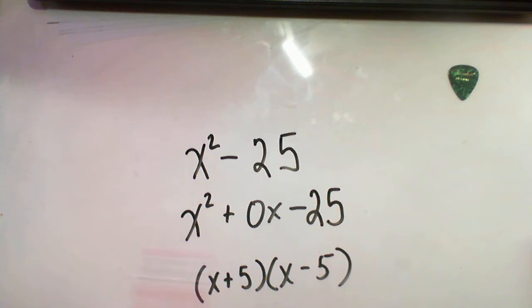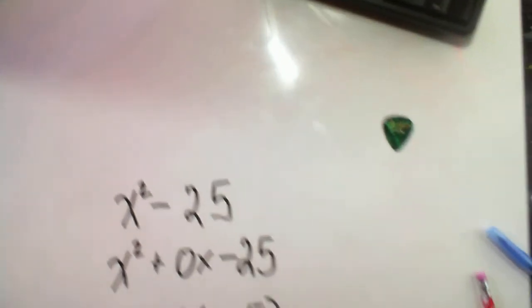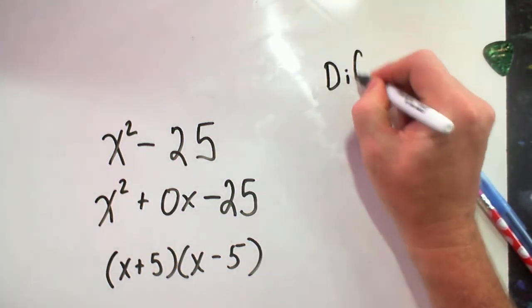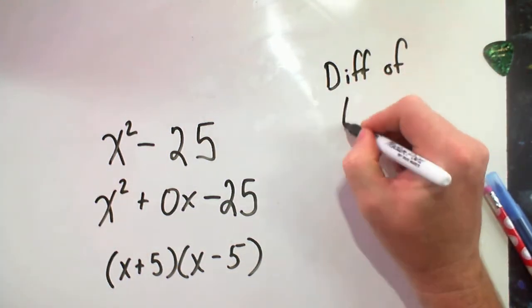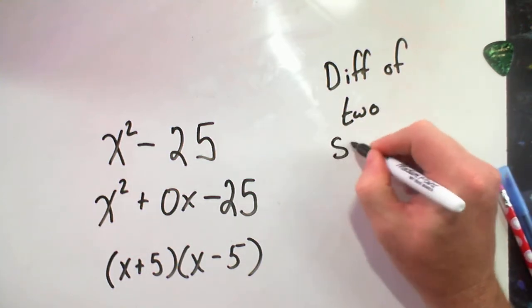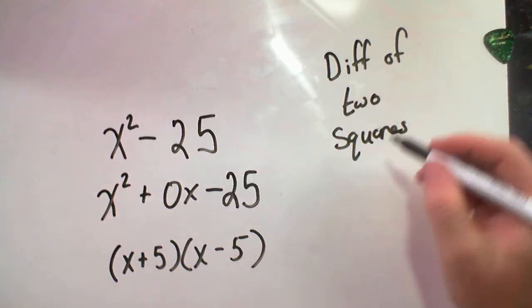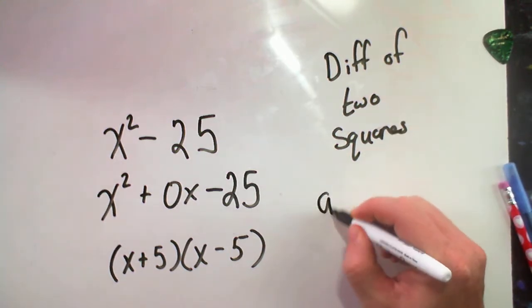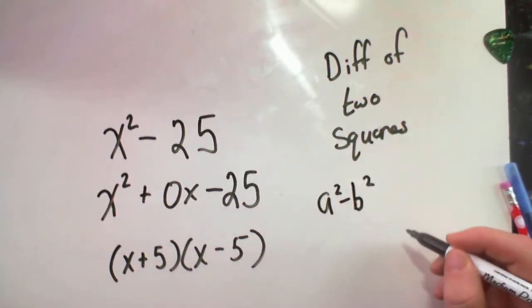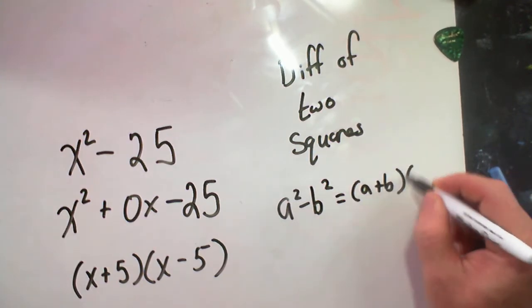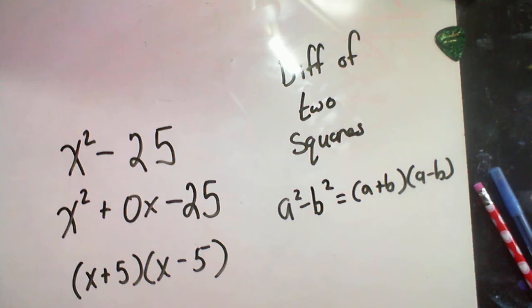But that can also be done via formula. Like I said, this is a special thing called a difference of two squares. The formula for the difference of two squares is a squared minus b squared equals a plus b times a minus b.